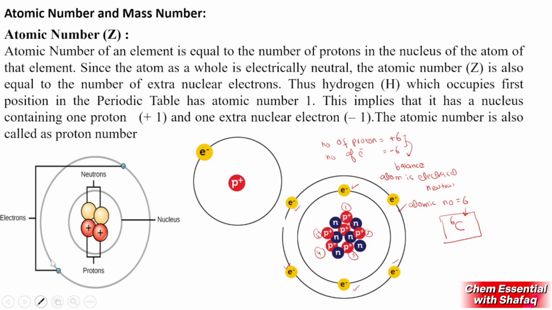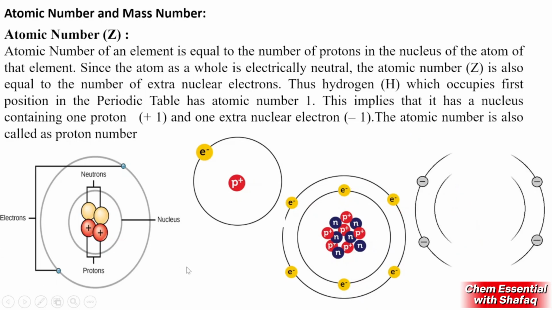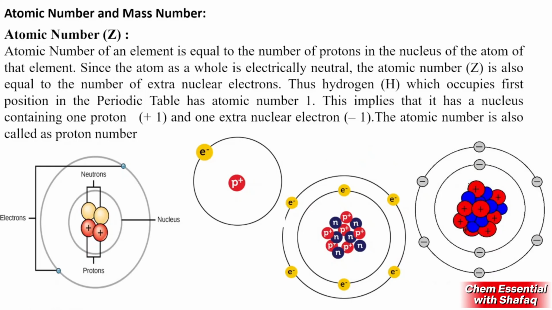Then we look at the next structure. Here you can count the number of protons: 1, 2, 3, 4, 5, 6, 7, 8. So the number of protons is 8. Count the number of electrons: 1, 2, 3, 4, 5, 6, 7, and 8. So the number of electrons is -8, and they neutralize their effect. So its atomic number is 8.